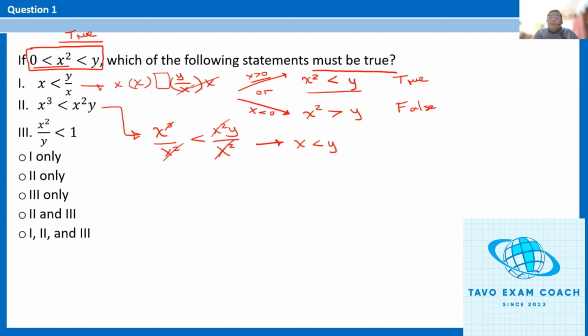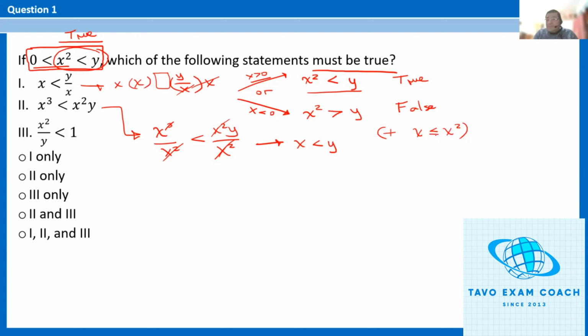If, besides knowing that x squared is less than y, I were given an extra condition, for example that x is always less than or equal to x squared, then this would guarantee that x has to be less than y.